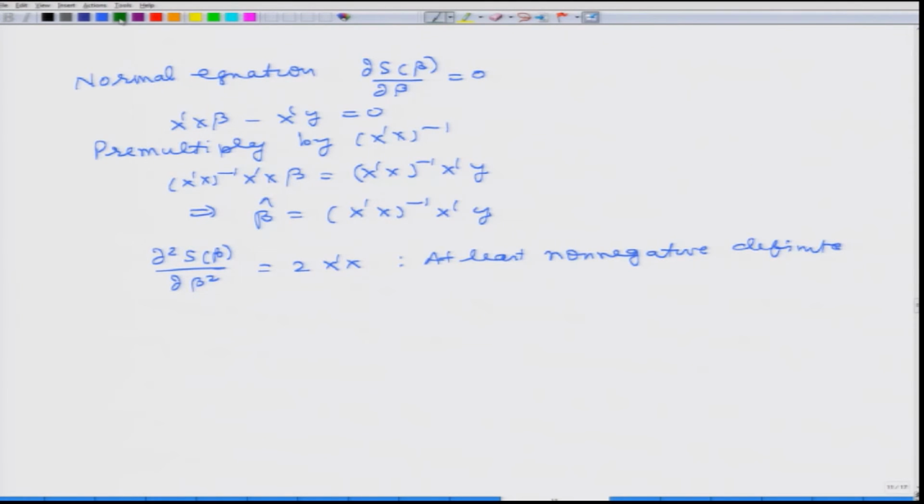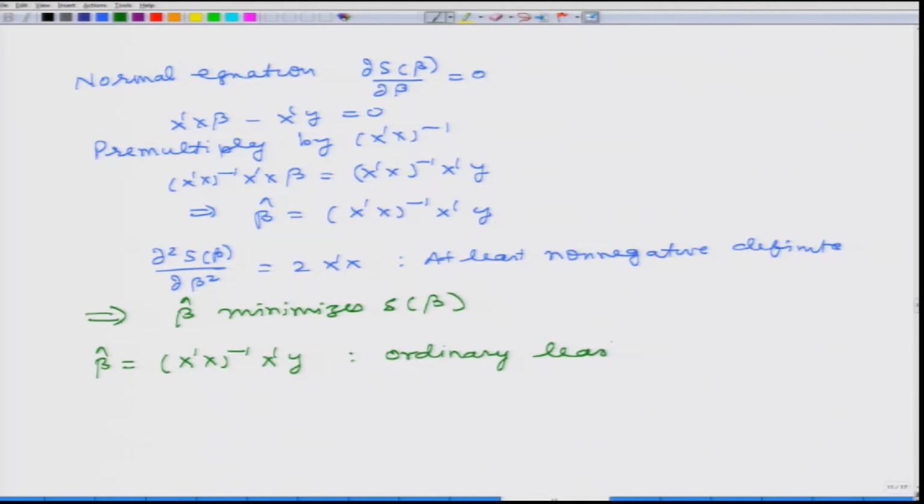And so, this ensures that beta hat minimizes S beta, right. And this beta hat equal to X transpose X whole inverse X transpose y is called the ordinary least squares estimator of beta.